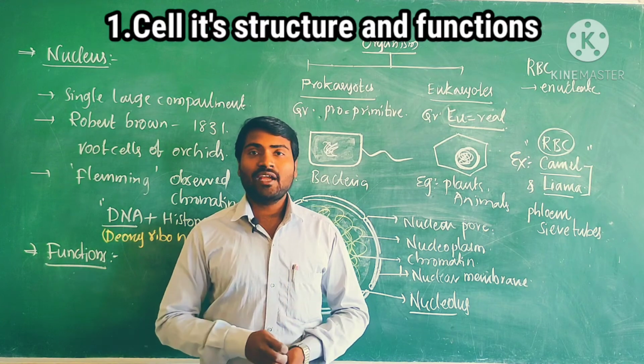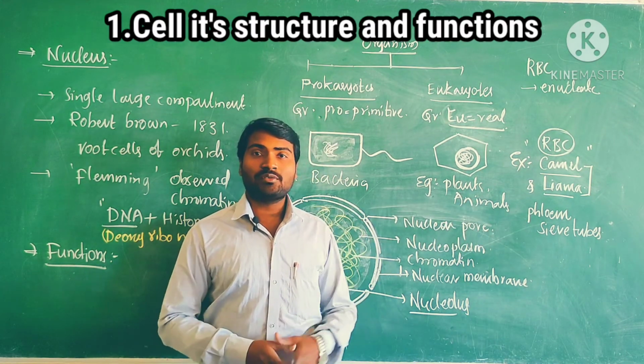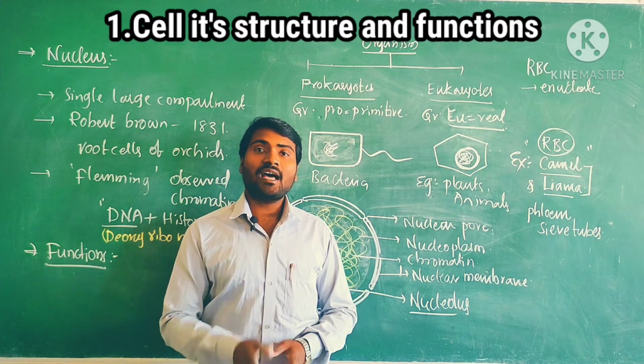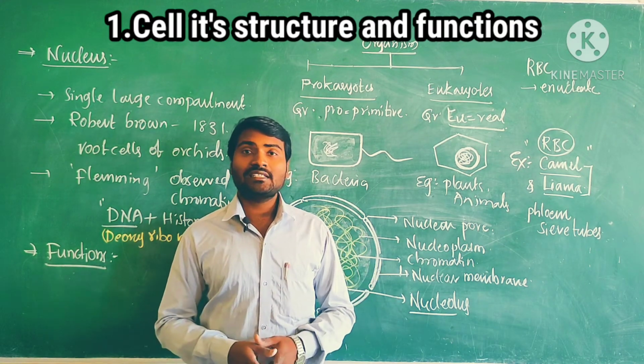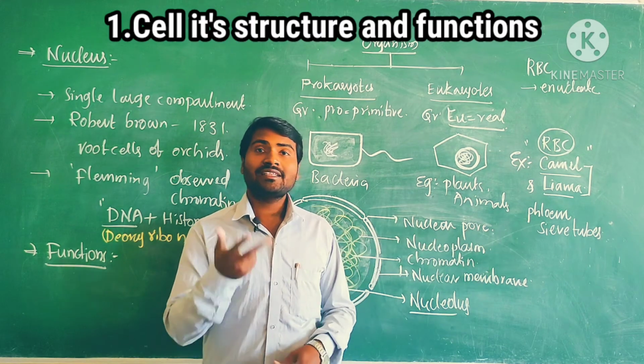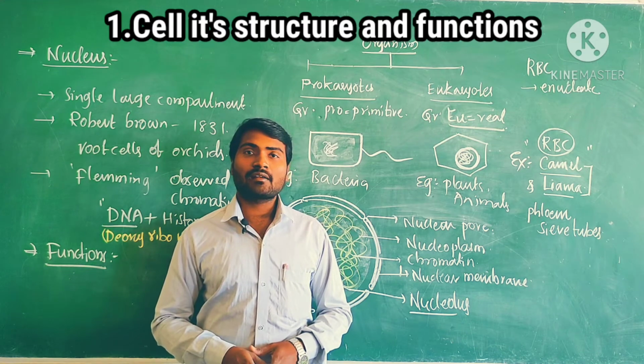So that point we have to remember. Similarly, in plants, phloem sieve tubes are without nucleus. The remaining cells have a nucleus, but in phloem sieve tubes there is no nucleus. So this point we have to remember.